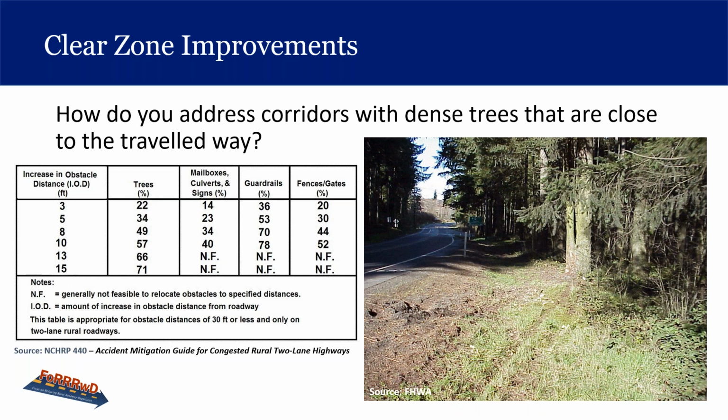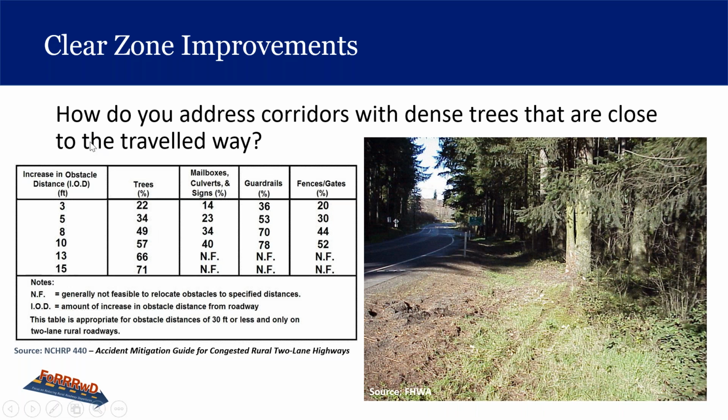And so that's what we're shooting for, because to get things further than that away is impossible most of the time for right of way and things like that. So there is a table here that shows the results of studies and moving objects an incremental distance away.